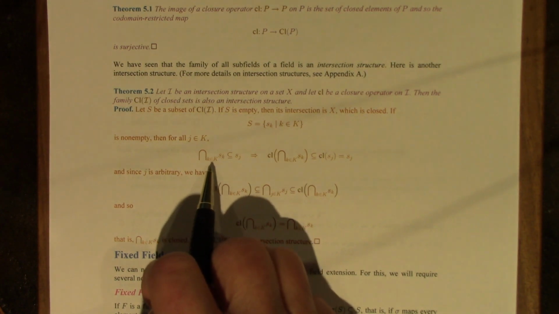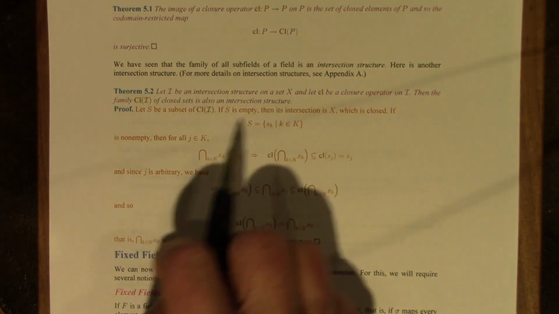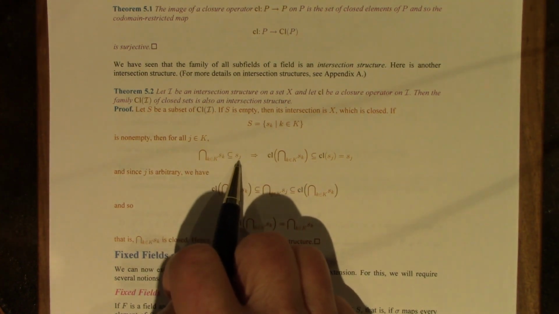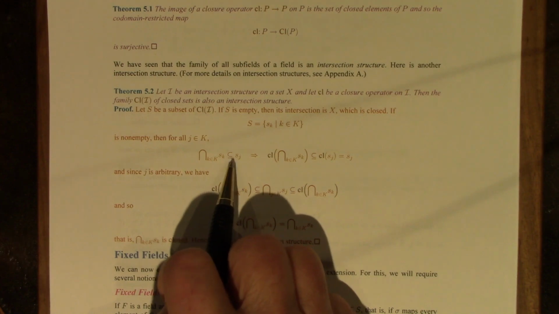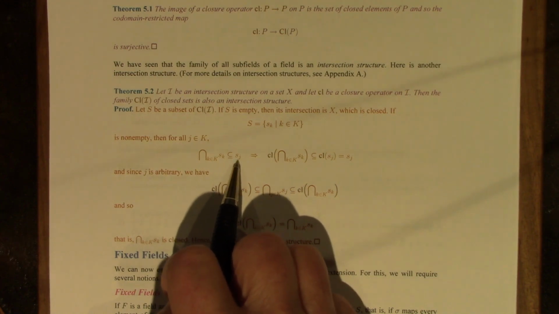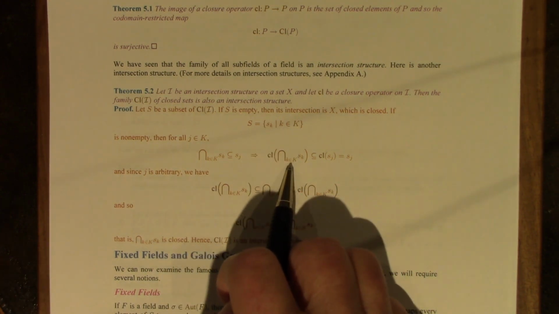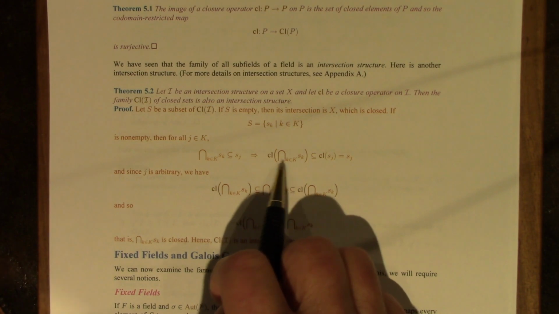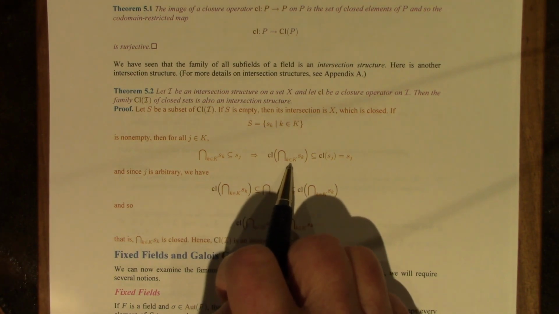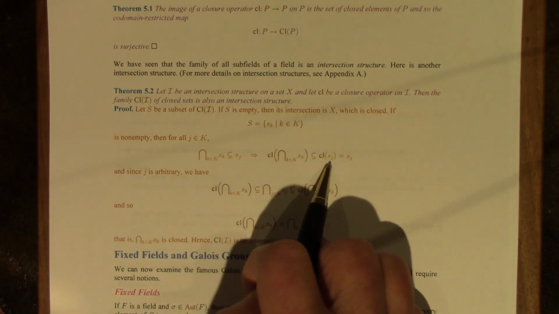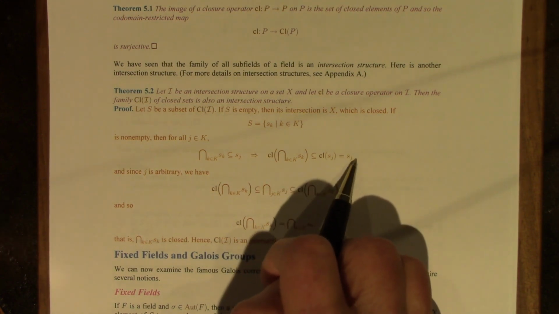then the intersection of everything in S is contained in each one of the elements, say S sub j. And so by one of the properties of closure operators, the closure of the intersection is contained in the closure of Sj, but each element is closed, so that's just Sj.